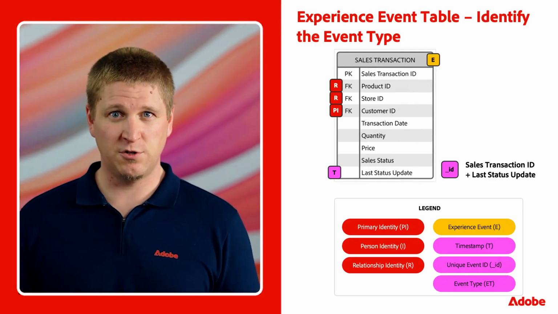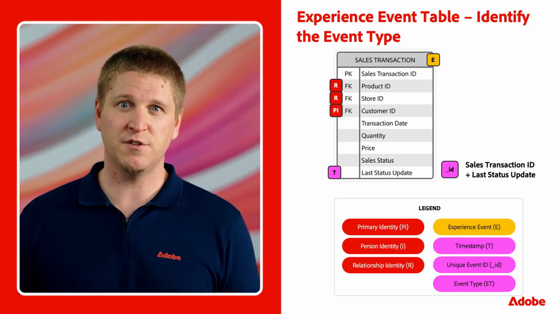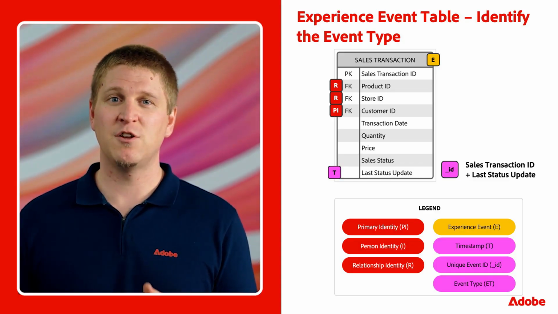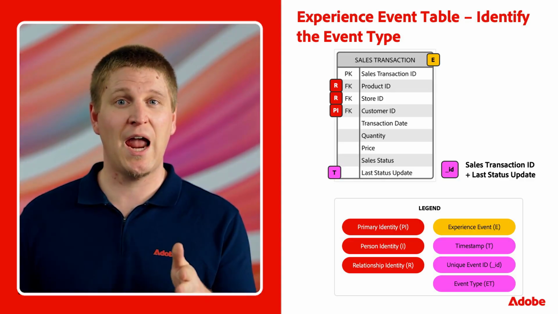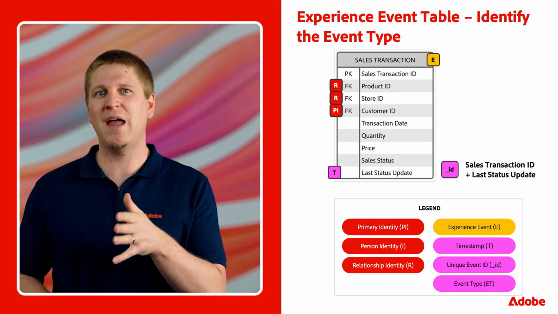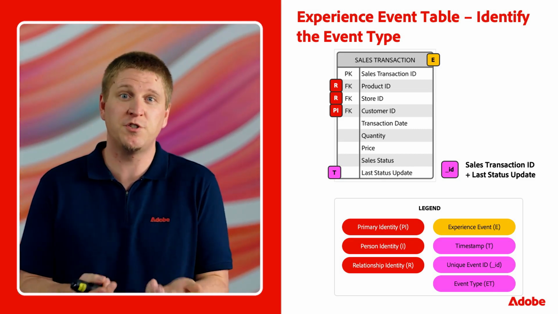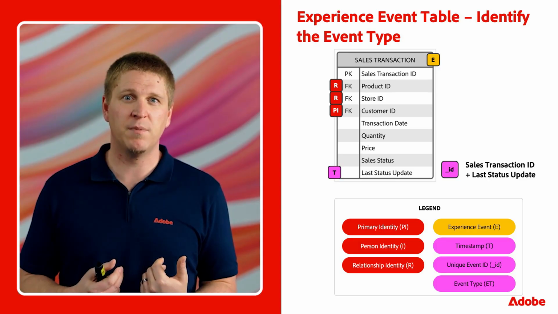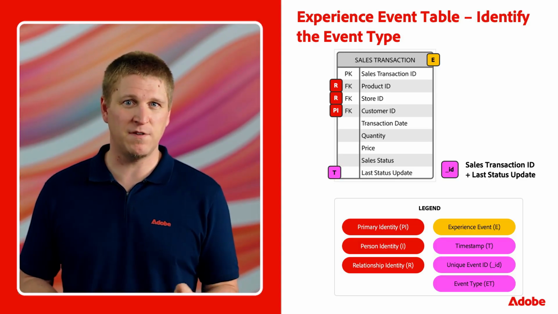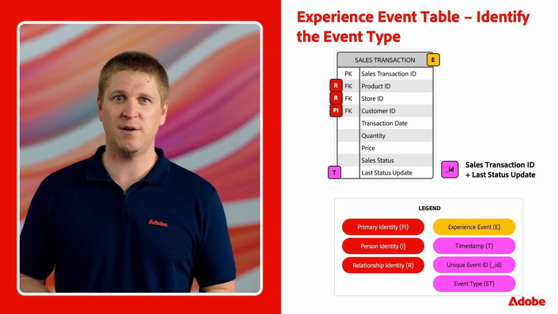Now, the last thing you need to identify is the event type. While this is not a required field, I think it's important enough that you should always label it and/or find it. Remember, the event type describes the high-level behavior of the event data. Was this a purchase? Was it a reservation? Was it a return? As a rule of thumb, anytime you see a status type field in a table, it's likely a great candidate for the event type.